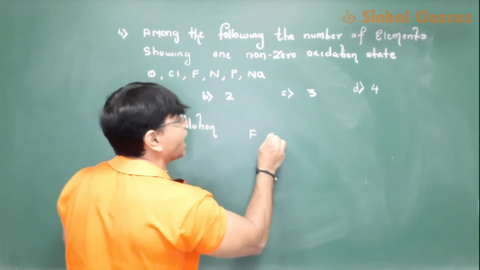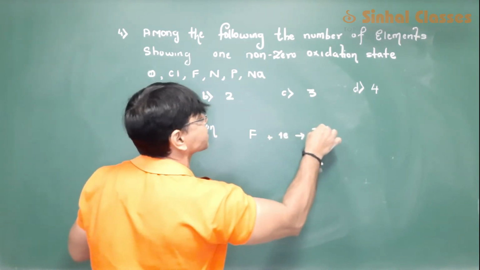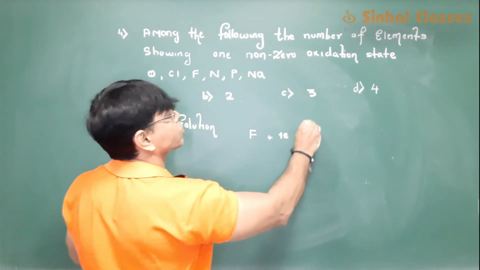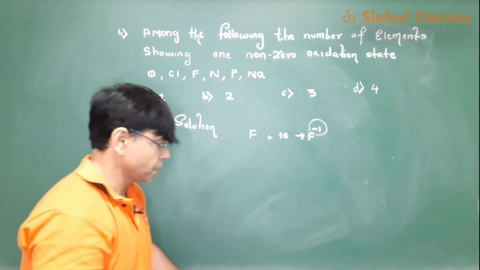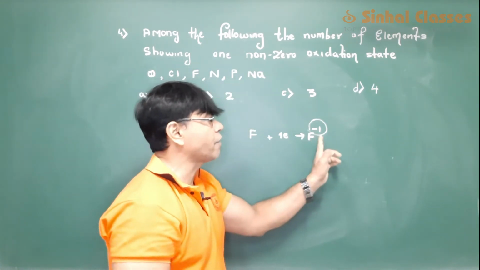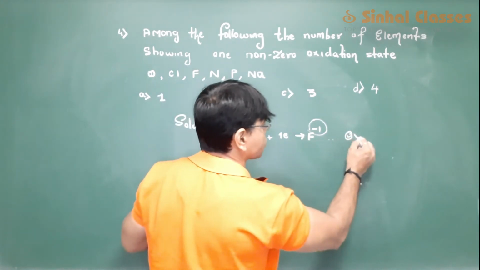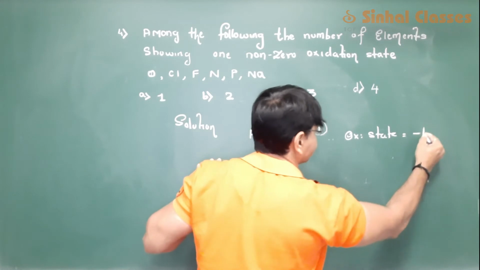It will only accept one electron and turn into F minus. So it can have an oxidation state of only -1.